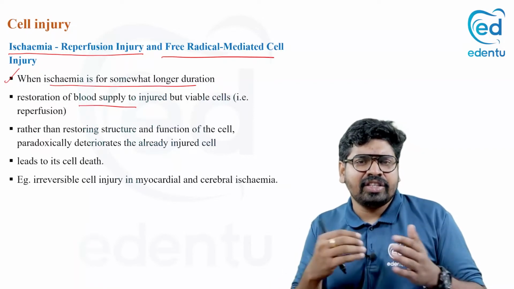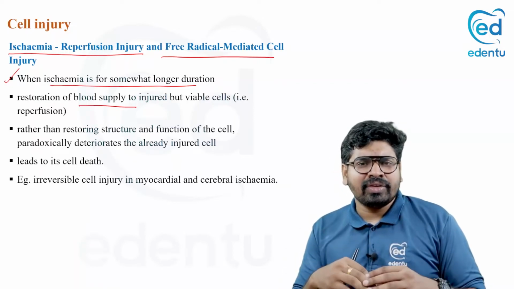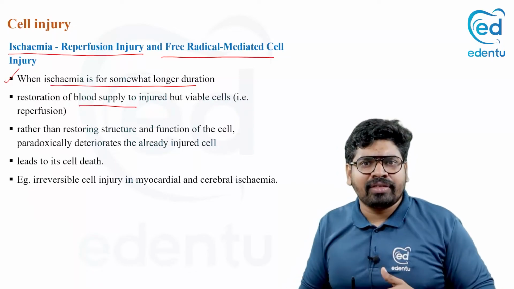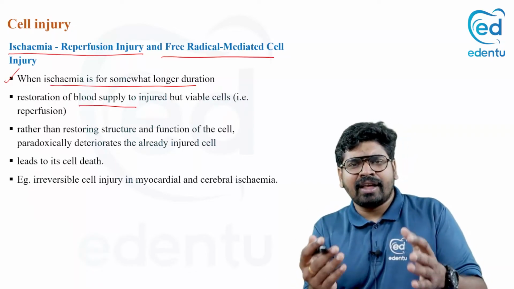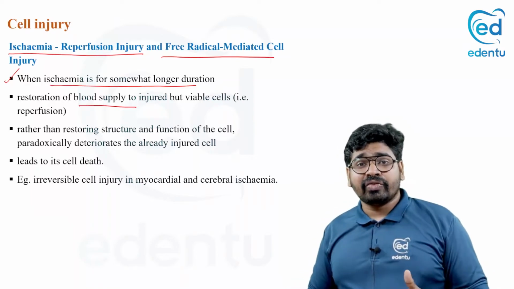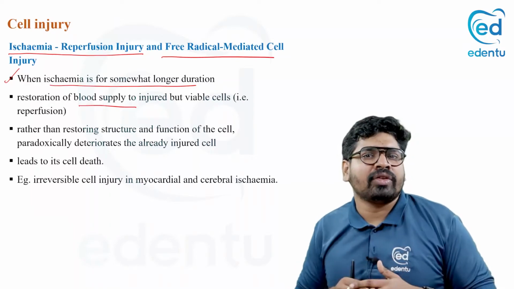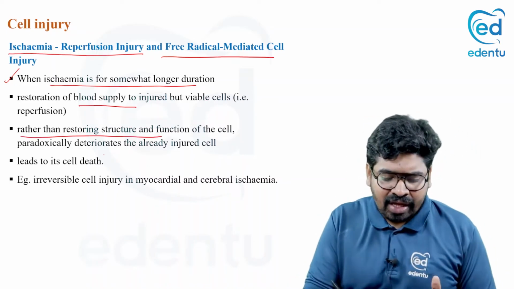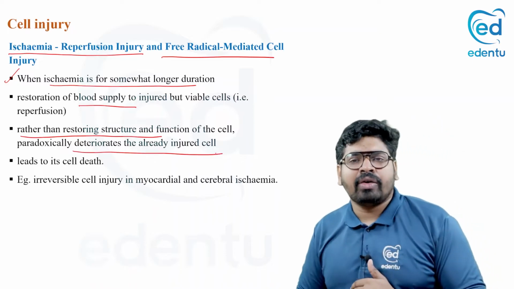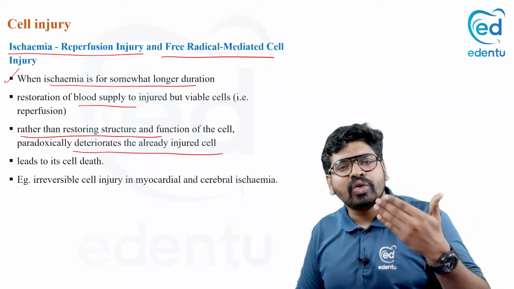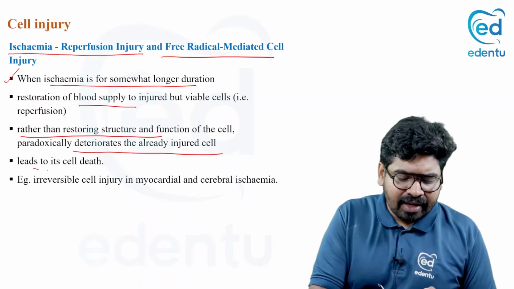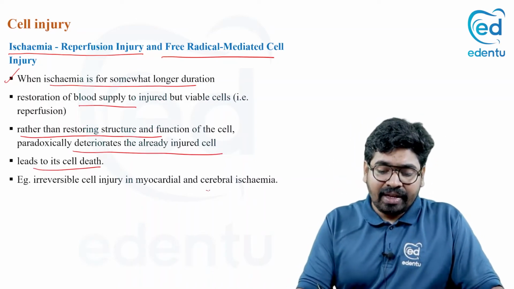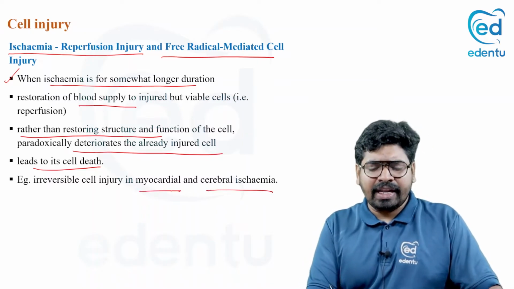The patient has come to us and we are giving oxygen and blood supply, more and more. We expect that the cell will recover, but instead there is more injury to the cell. How is that happening? Rather than restoring the structure and function, more injury occurs, or paradoxically more deterioration occurs in the cell, and this can lead to cell death. This is called ischemia reperfusion injury, mainly seen in cerebral ischemia or myocardial infarctions.